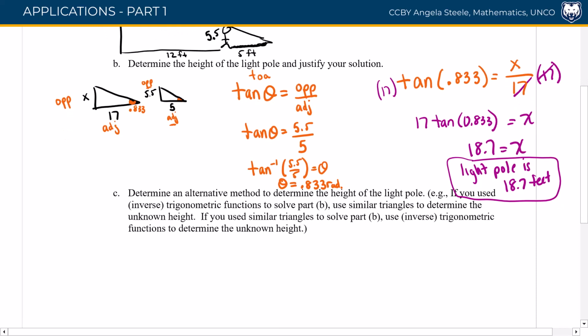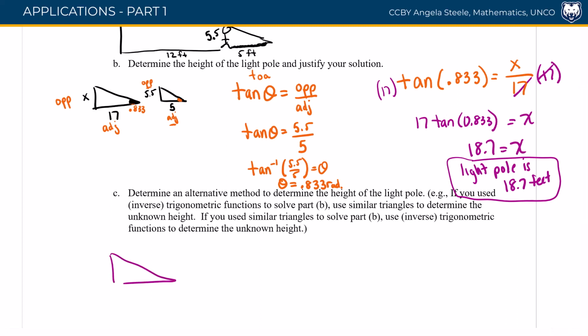Alternatively, if you are looking at similar triangles, that also works. Okay, so again, we have our two triangles. The bigger triangle, we have a height of x, and a horizontal distance of 17. The smaller triangle, we have 5.5 and 5.